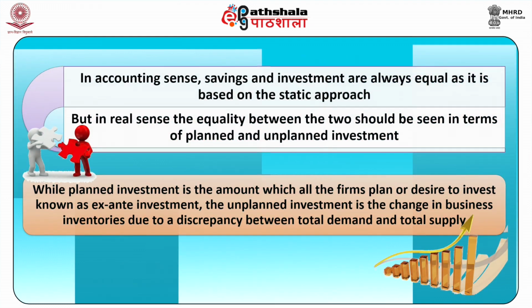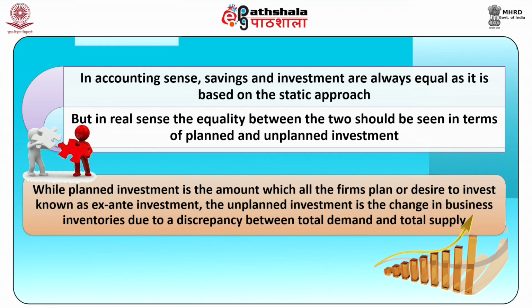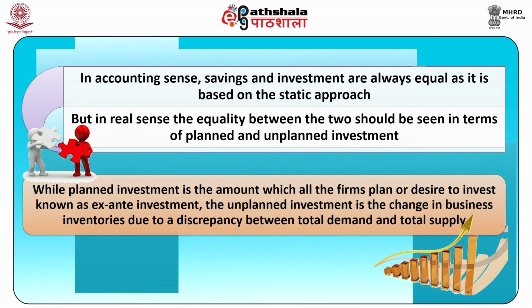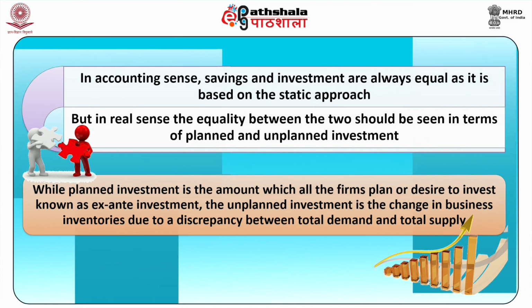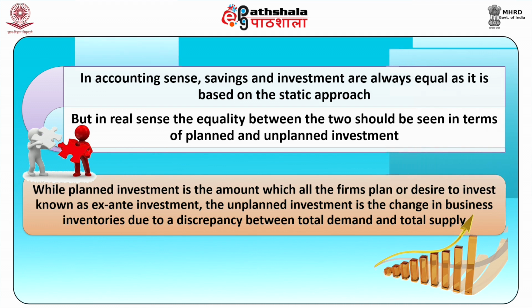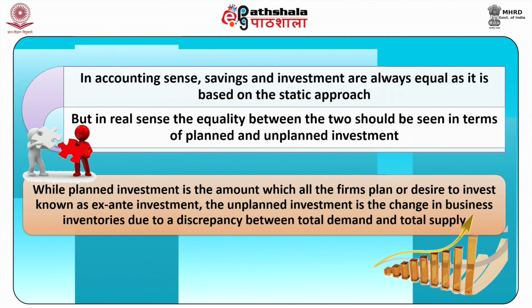In the accounting sense, savings and investments are always equal, as it is based on the static approach. But in the real sense, the equality between the two should be seen in terms of planned and unplanned investment.